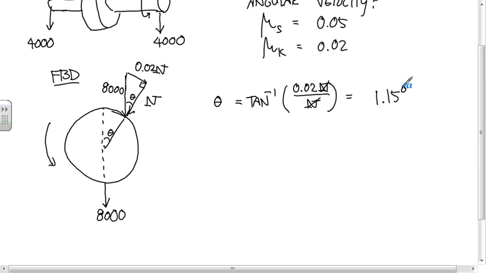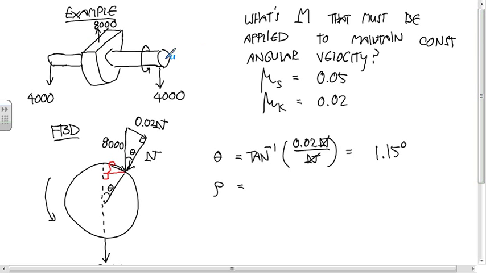Okay, so now rho is this. This is the rho that we're looking for, the moment arm. So rho is equal to, oh, did I give a diameter? I didn't, dang. Okay, so let's say that this has a diameter of 0.06 meters.